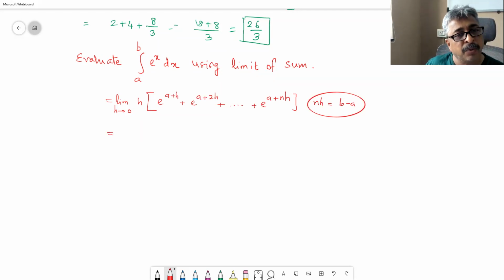Okay, so now what is the sum of this? So e raised to a plus h is e raised to a into e raised to h.